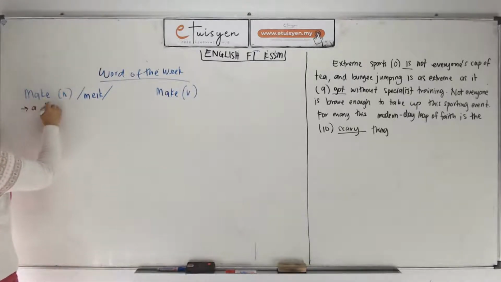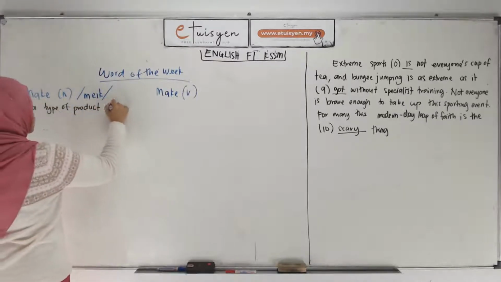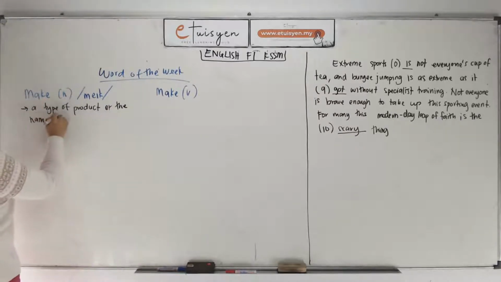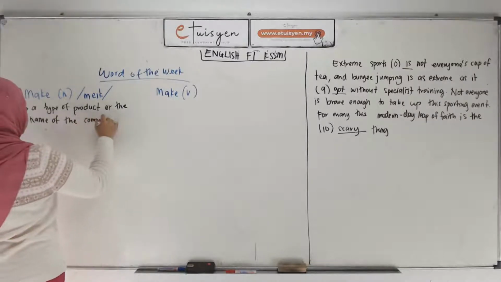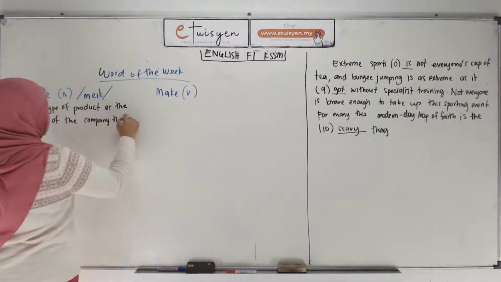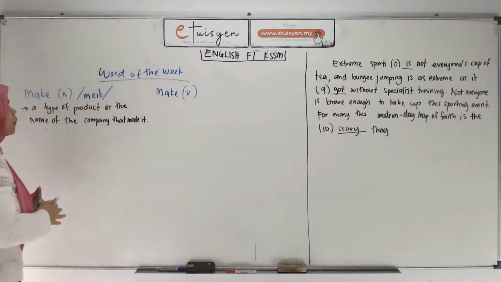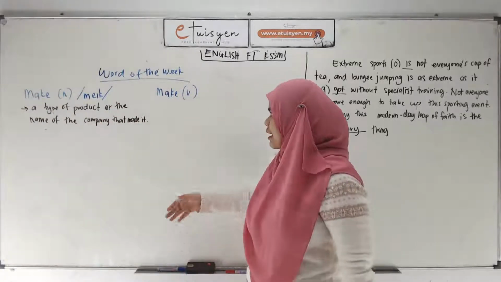It's a type of product or the name of the company that made it. Okay, so it's a type of product or the name of the company that made it.